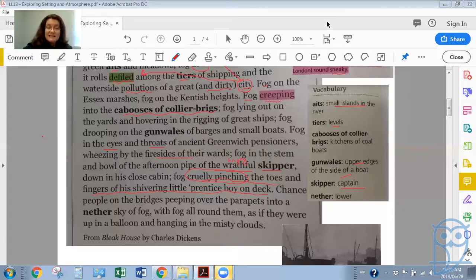Personification. Good. Yes, it's personification because there is human intent behind that cruelty. Okay, so humans are cruel and we pinch, and so this fog is cruelly pinching the toes and fingers of this little boy. And he is shivering. This shivering is almost a bit like onomatopoeia.